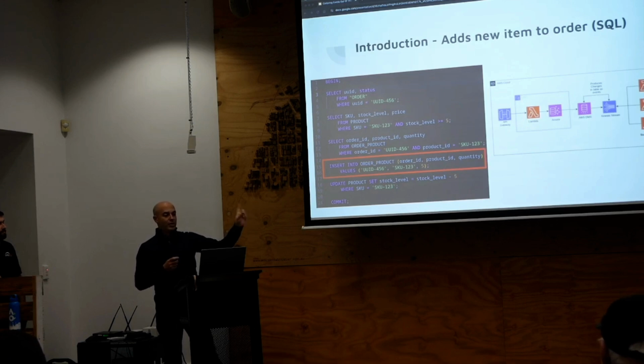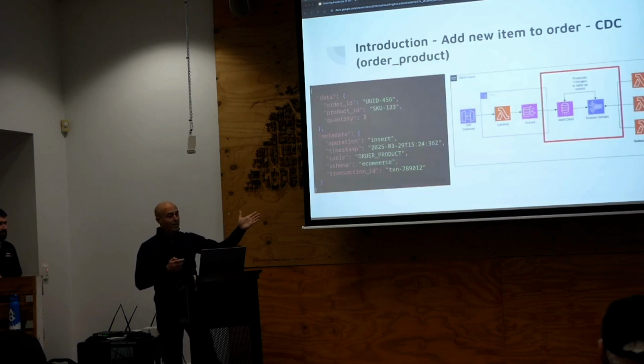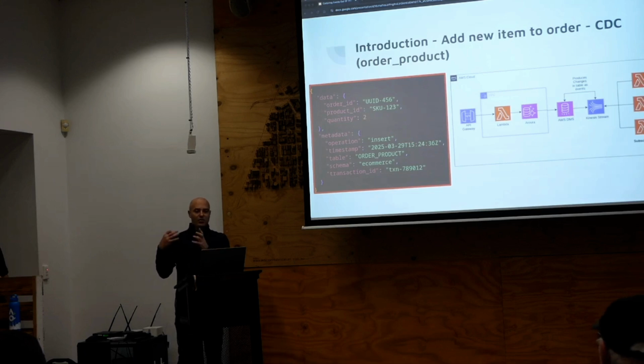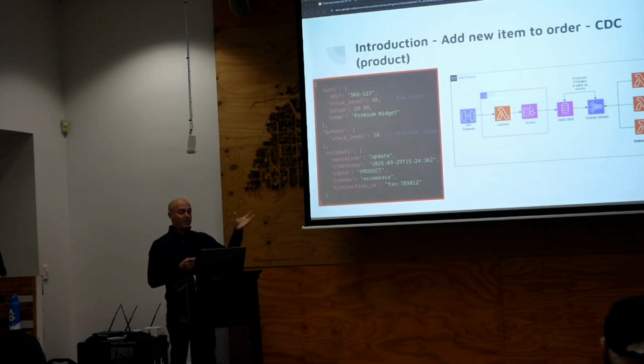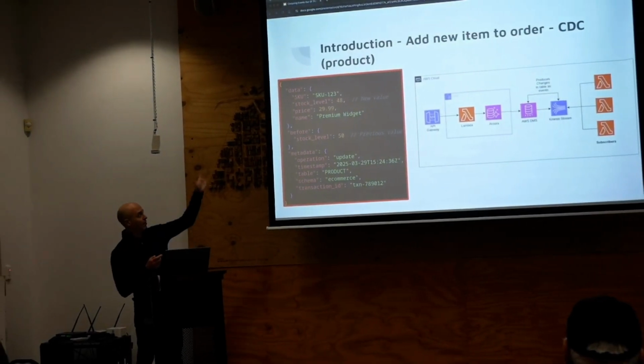And here we're inserting a new row into the order product table and updating our stock level accordingly. DMS detects both of these changes, and it emits a CDC event that describes the insertion of a new row into our order product table and a CDC event describing the change in stock levels for the item that we just sold. So hopefully everyone can see that.